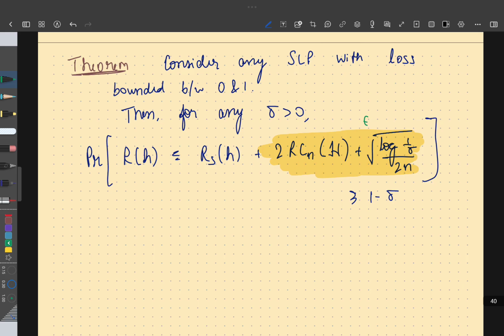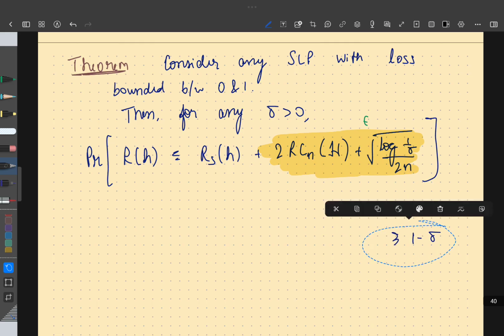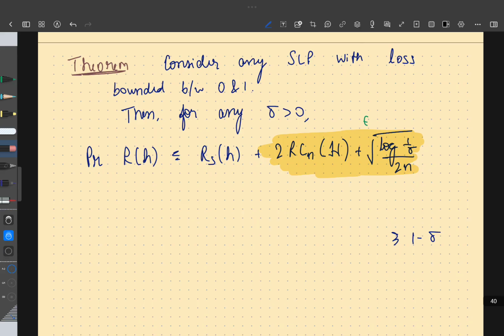I could write this in terms of epsilon and say that for all n greater than something else. Correct, that's a good point. And this holds true for all h in my hypothesis class, right? So this is in fact the very statement of uniform convergence.